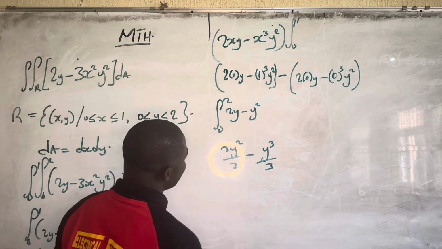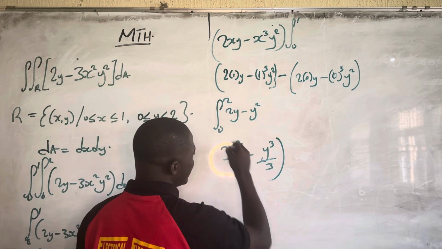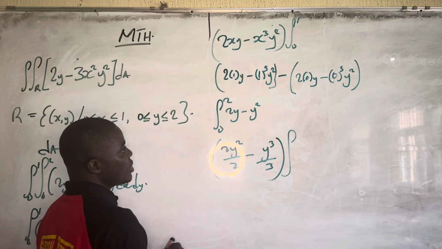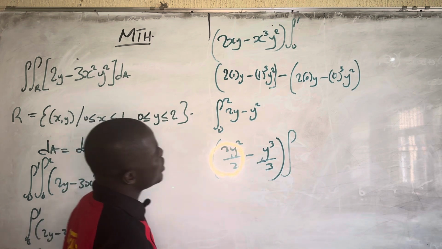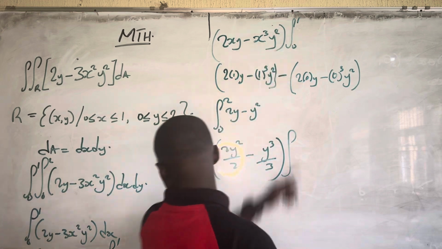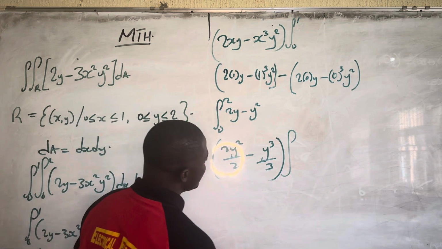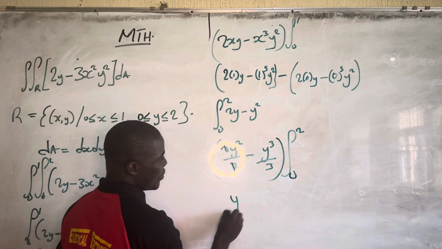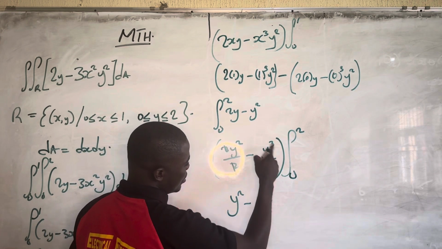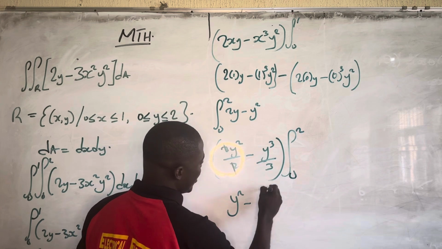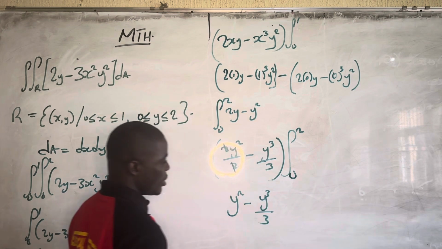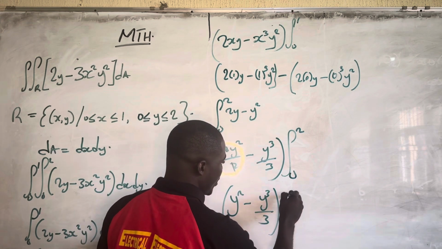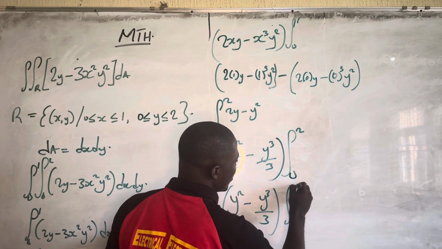Let's confirm that. All these range from 0 to 2. So we have y squared minus y raised to power 3 all divided by 3, ranging from 0 to 2.